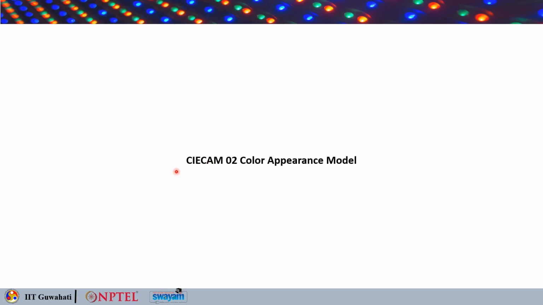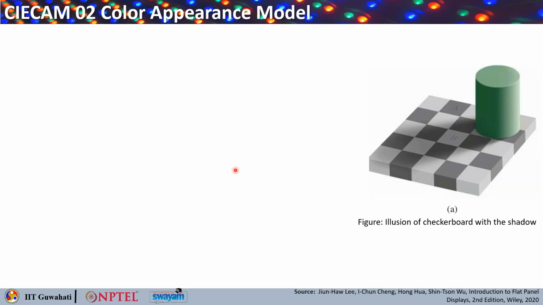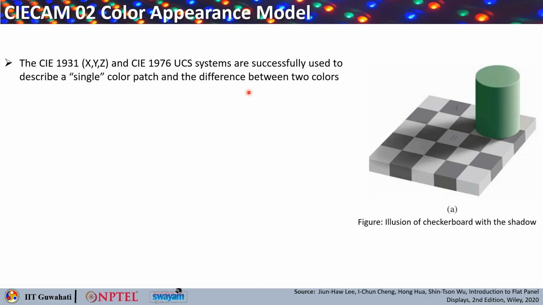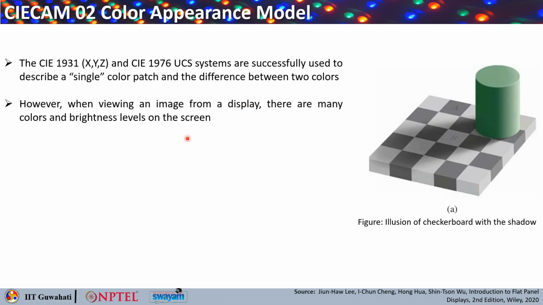Now let us move on to the color appearance model, that is called the CIE CAM02 color appearance model. The CIE 1931 XYZ and CIE 1976 Uniform Color Space, that is the UCS system, are successfully used to describe a single color patch and also the difference between two colors, right. However, when you are viewing an image on a display, there are many colors and brightness levels on the screen.